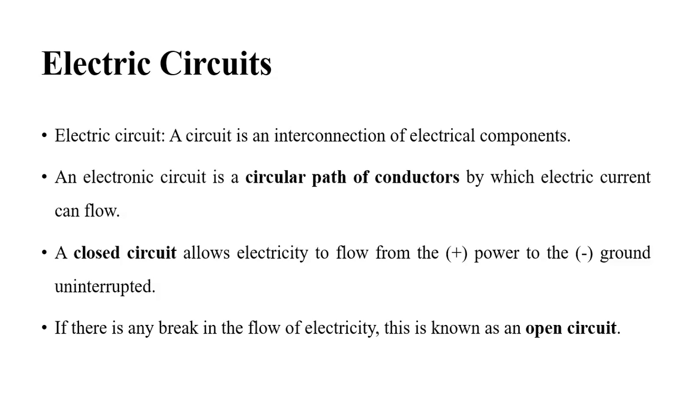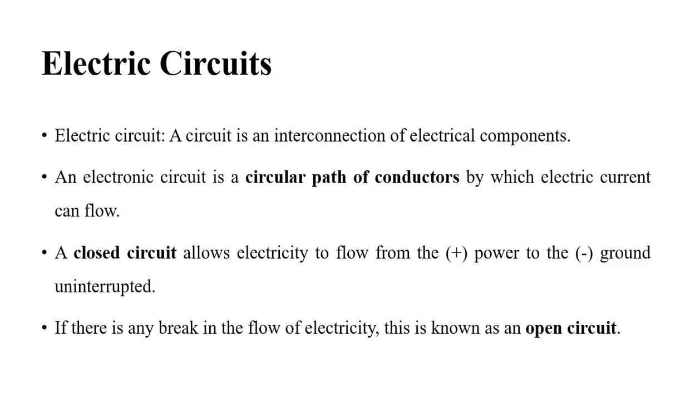In other words, an electric circuit is a circular path of conductors by which electric current flows through the interconnected electrical components. In order for the current to flow through an electric circuit, there should be a closed path.